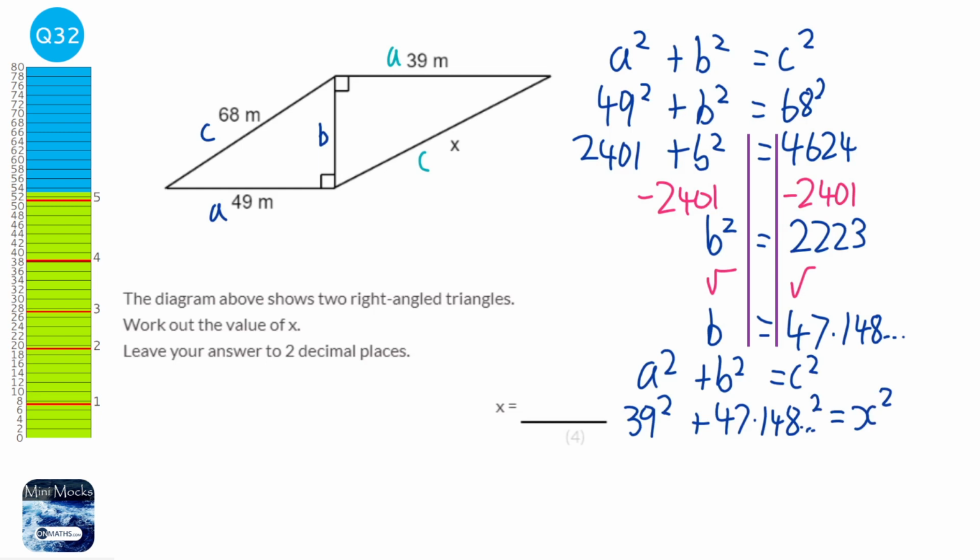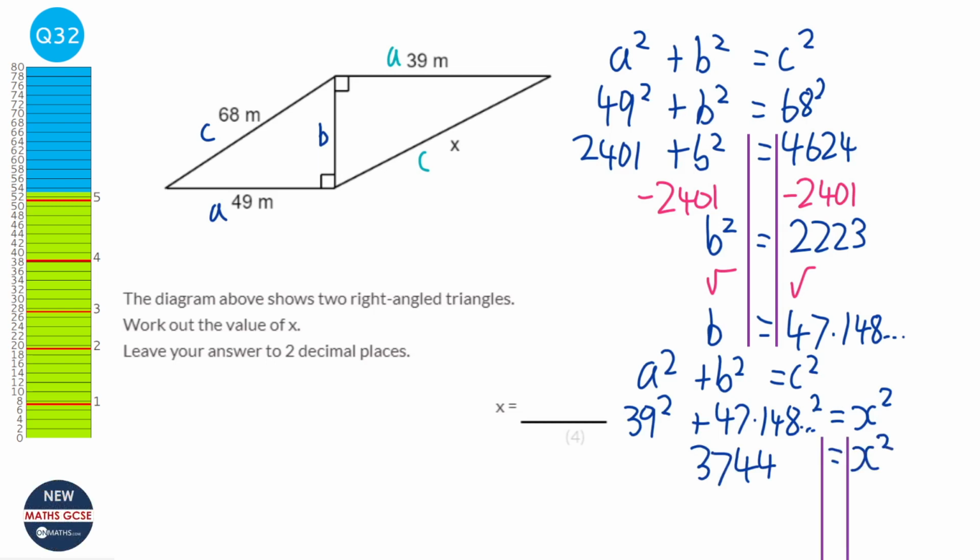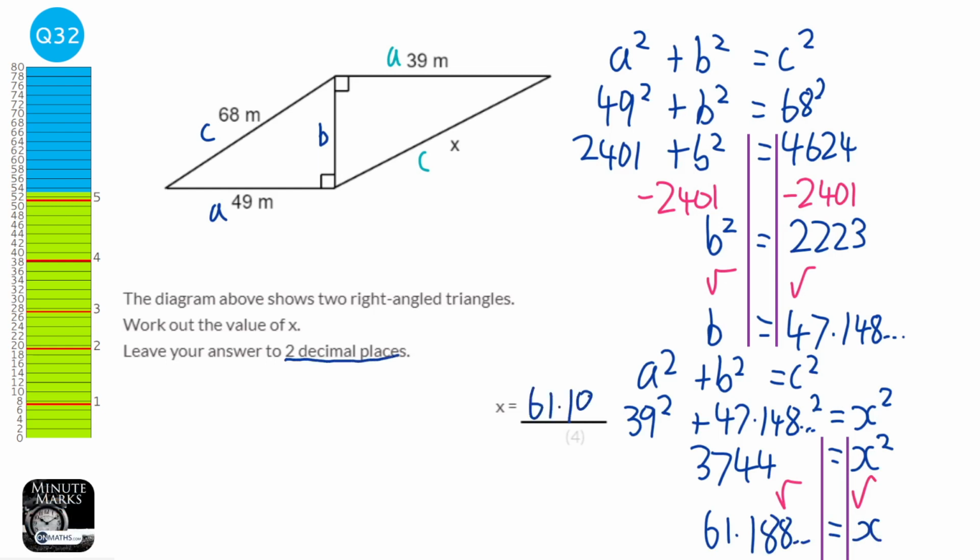So we do 39 squared plus 47.148 squared, and that will be 3,744 equal to x squared. We need to square root both sides, and we get 61.188 and so on is equal to x. It wants 2 decimal places, so that would be 61.19.